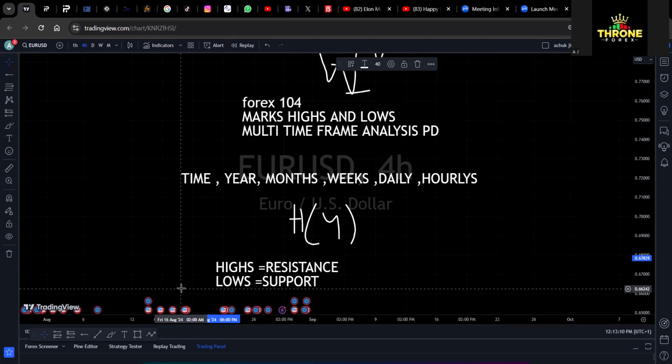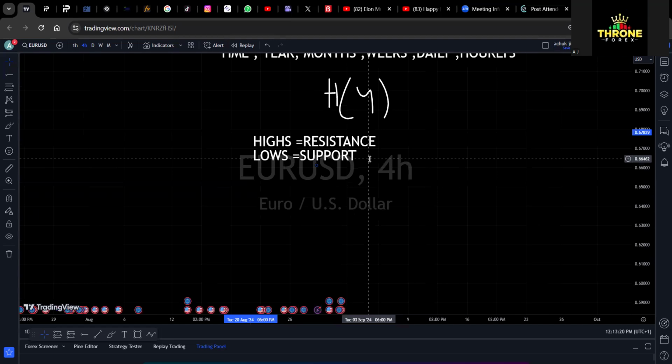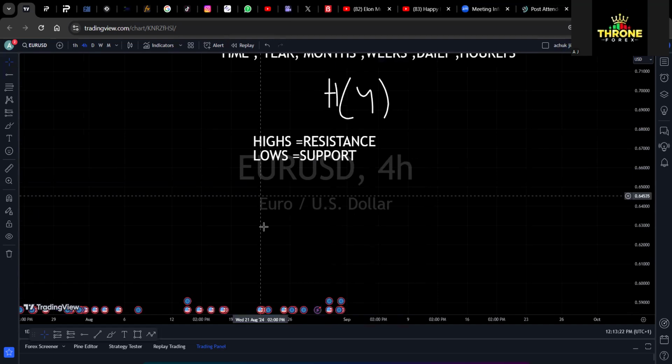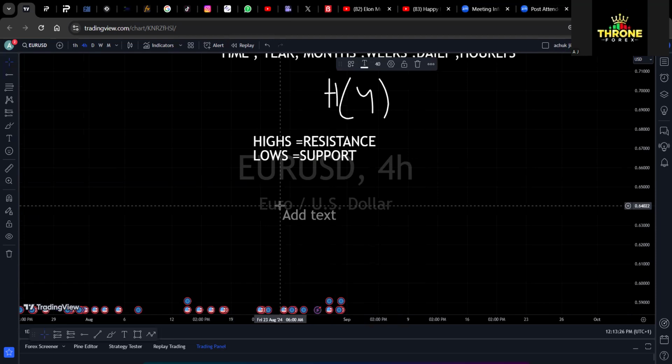So once you have that, then the next thing is higher time frame price difference. With higher time price differences, this is whereby you have PD on higher time frames.